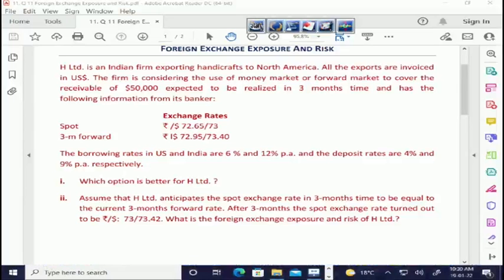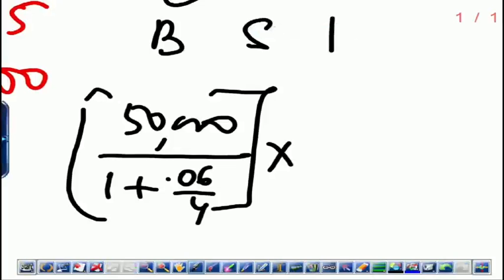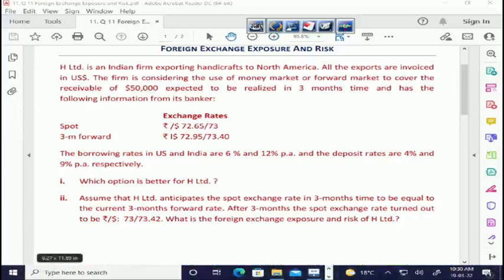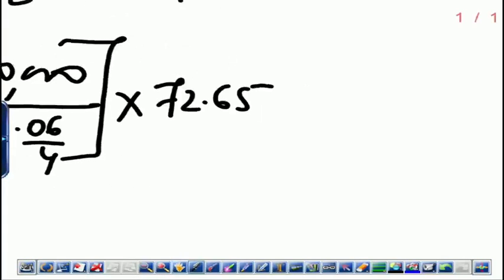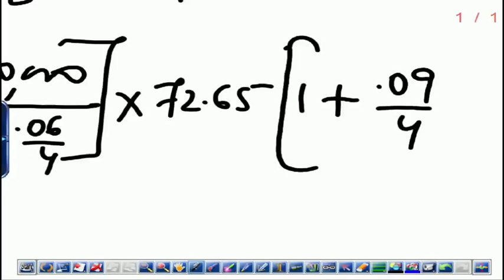The spot rate is 72.65, so into 72.65, and we invest the rupee. The deposit rate in India is 9%, so into 1 plus 0.09 by 4.